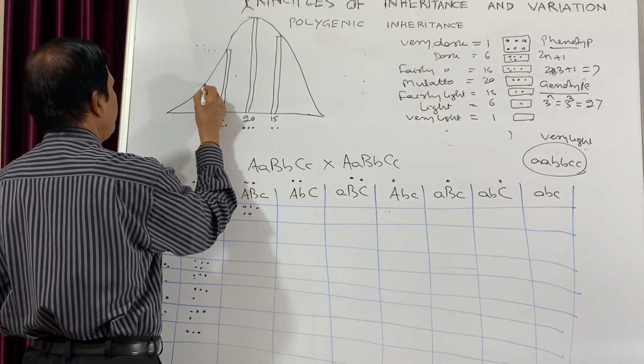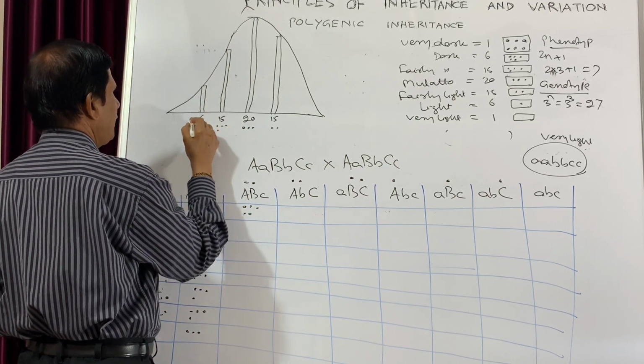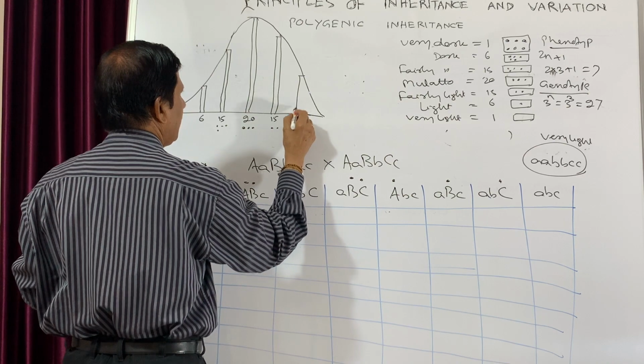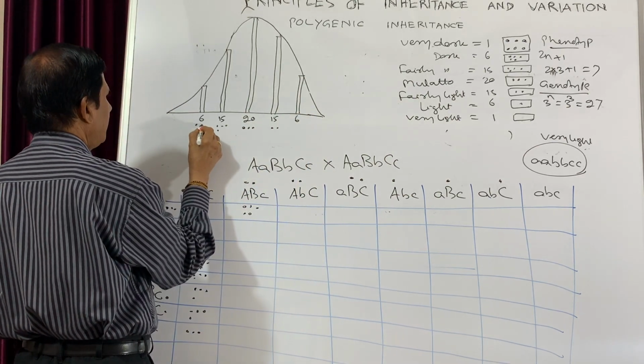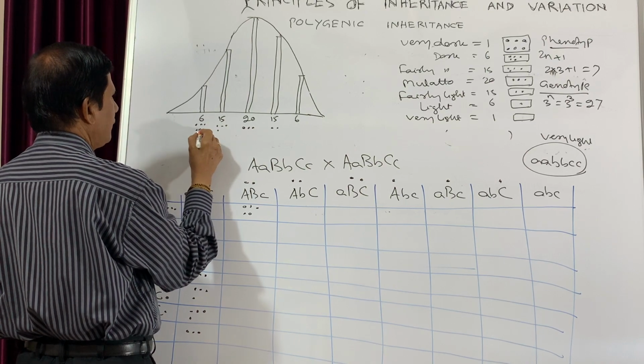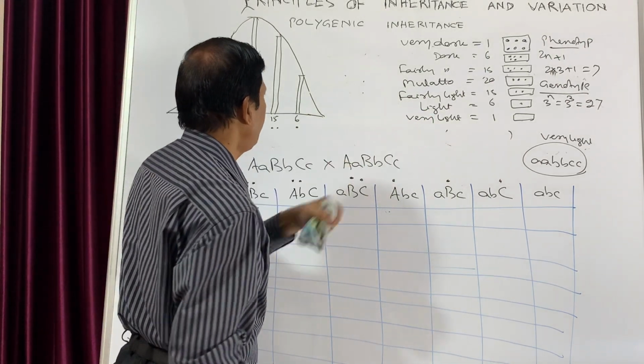Then next, here we will get 6, and here also we will get 6, and here we will get 5 dominants, and here we will get a single dominant, because this will be light.